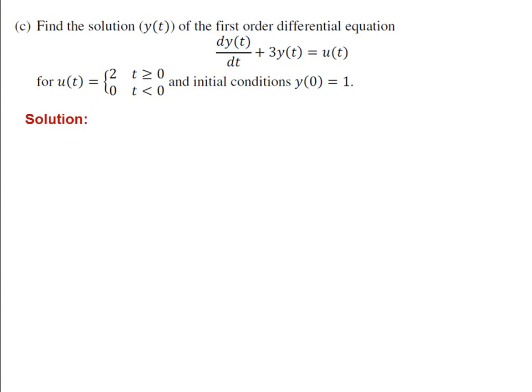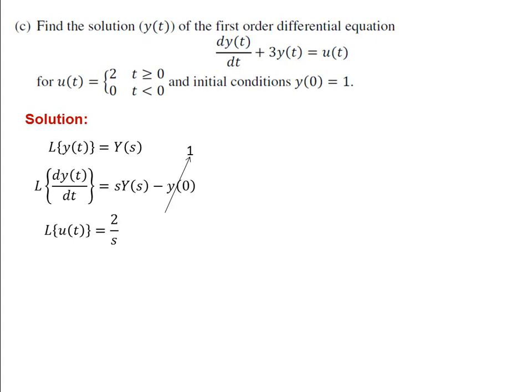To solve this differential equation, again I use the transformation of derivatives theorem, assuming that the Laplace of y(t) is Y(s). By the theorem, I know the Laplace of dy/dt is sY(s) minus y(0). The initial condition y(0) is 1.